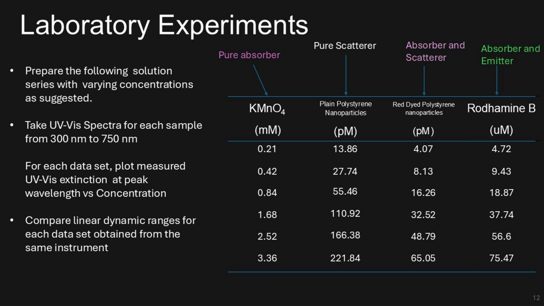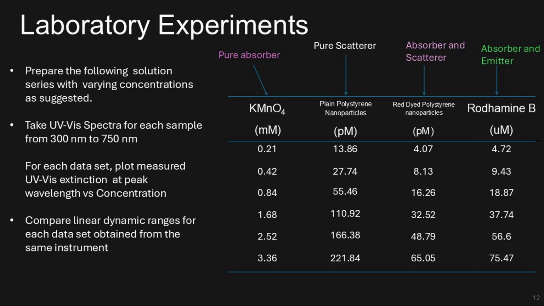As I've shown here, once you have the samples, you can measure the UV-Vis spectrum for each one, let's say from 300 to 750 nanometers. Then, you can plot the measured UV-Vis extinction at peak wavelength versus the concentrations. This will allow you to visually compare the linear dynamic range across different types of samples.